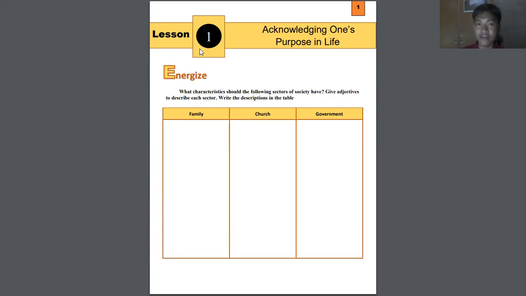This is lesson 1, acknowledging one's purpose in life. For example, the narrative in this learning material will be about acknowledging one's purpose in life. Every example in the lesson is about acknowledging one's purpose in life.